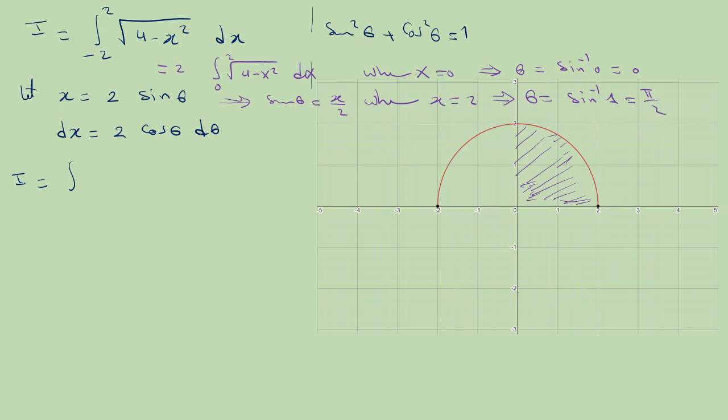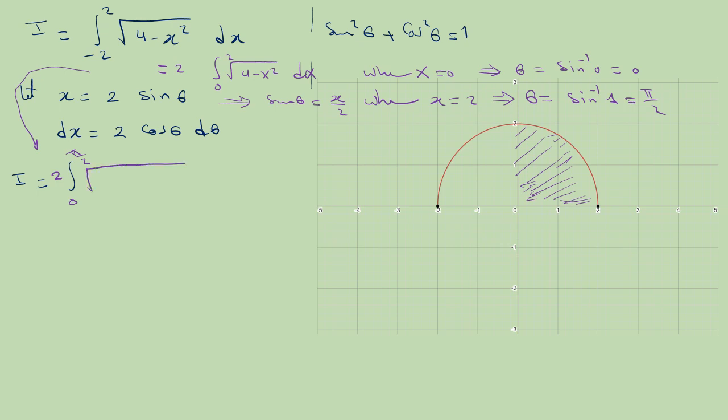Okay. Now, our integral is twice the integral from theta, when x equals 0, we get theta equals 0. When x equals 2, theta is equal to pi over 2.